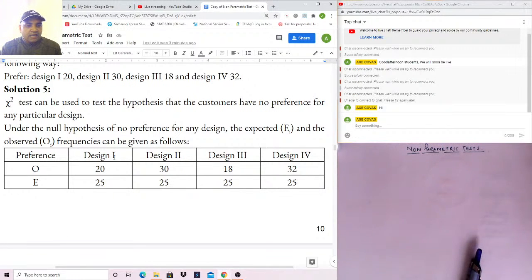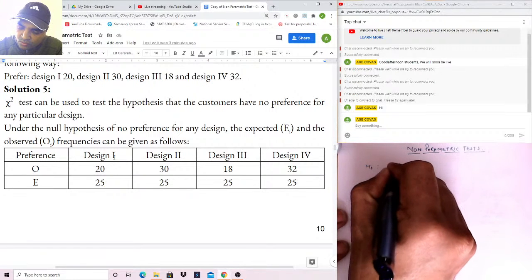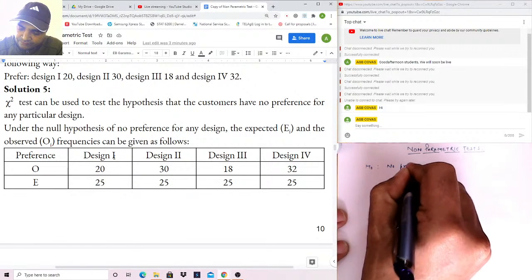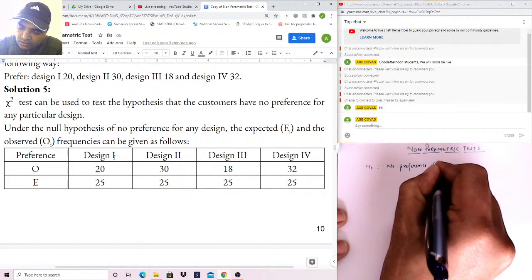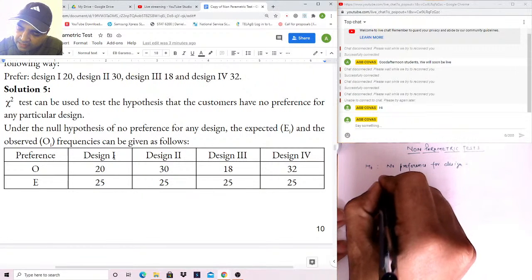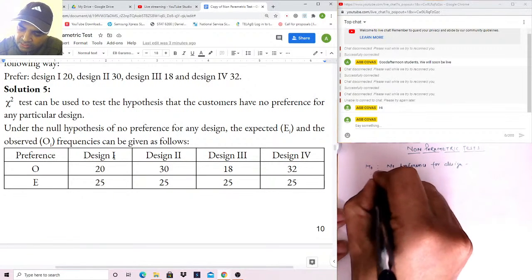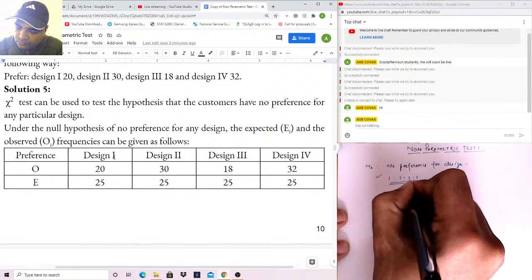Under the null hypothesis of no preference for any design, the expected frequency will be, because here we have to calculate the expected frequency based on our hypothesis, and our hypothesis is that there is no preference for design. So it means that all the ratios should come in 1 is to 1 is to 1 is to 1 ratio. That is, the 4 designs should get a ratio of 1 is to 1 is to 1 is to 1.